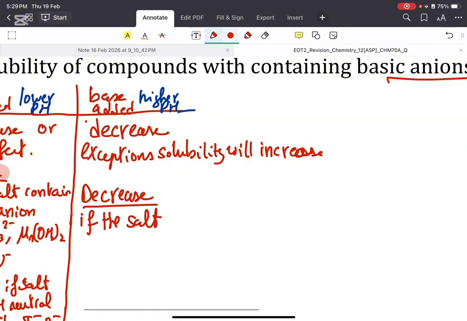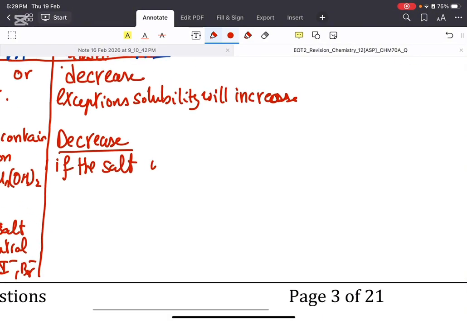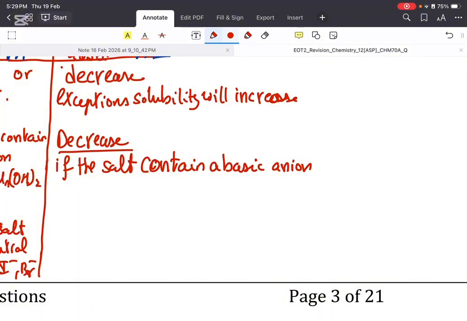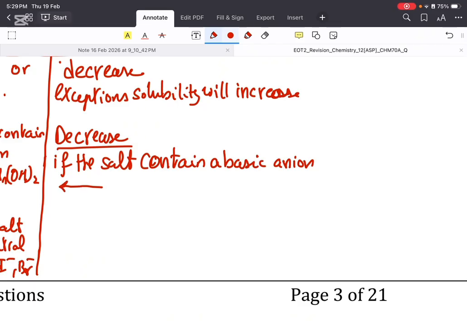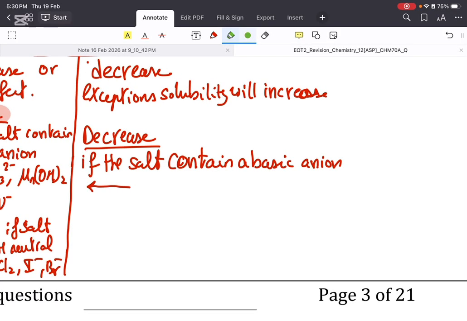If the salt to which you are adding a base contains a basic anion, because you're adding a base over a salt containing a basic anion, equilibrium is gonna shift to the left and solubility will decrease. Let's say I have a salt, like for example, magnesium hydroxide.